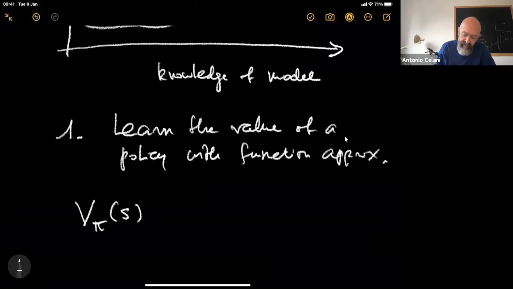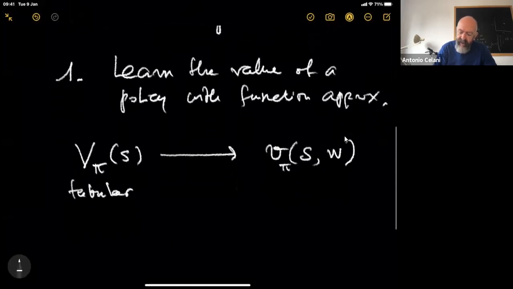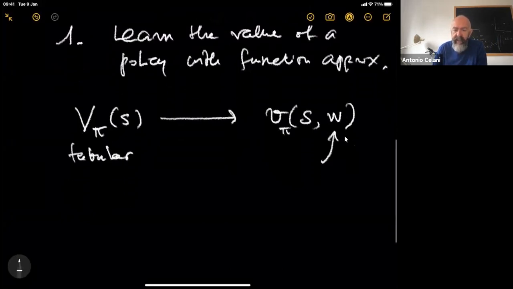So the goal is basically to replace this full tabular description with some approximated form, which we write in this formal expression. This is the value for each state, but now it is described by a vector of parameters or weights.